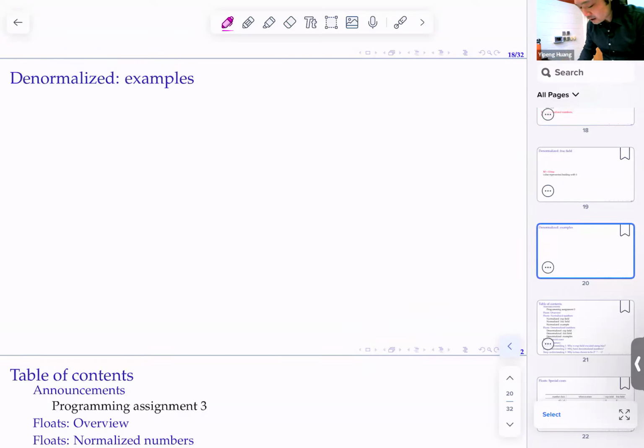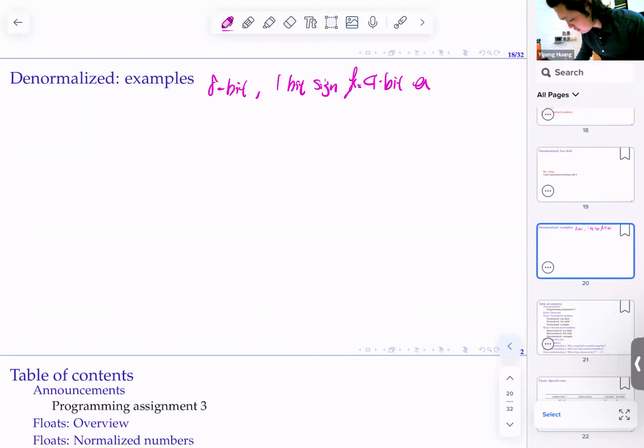The format here is an 8-bit format with a 1-bit sign. I'll have 4 bits invested in the EXP field, and the convention here is that it's called K. And the remaining 3 bits will be the frac field.